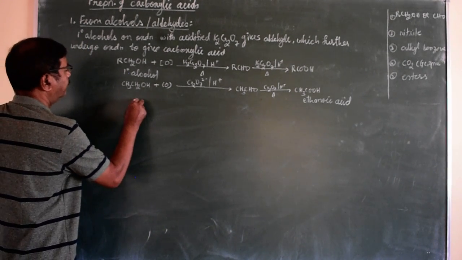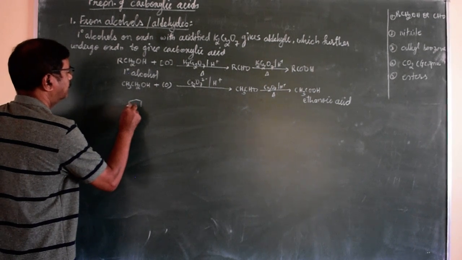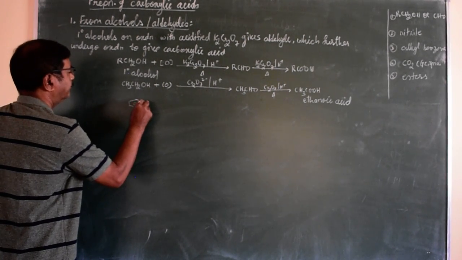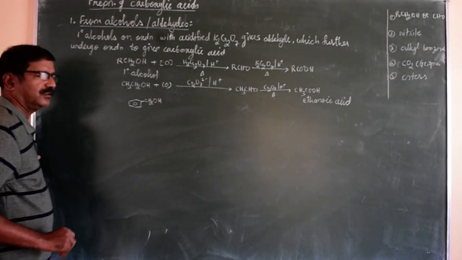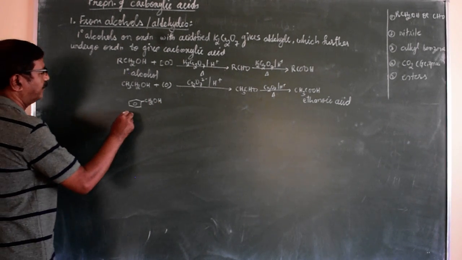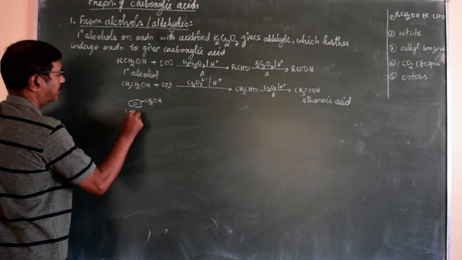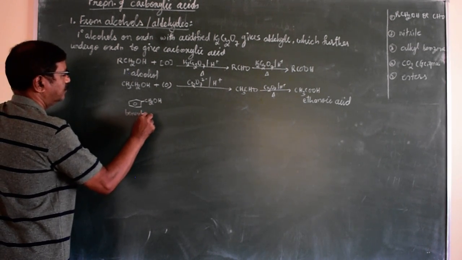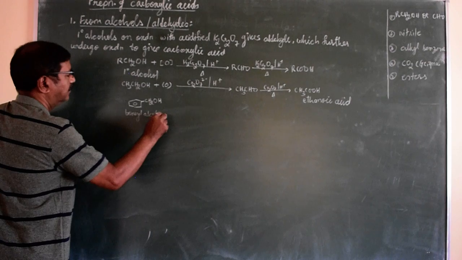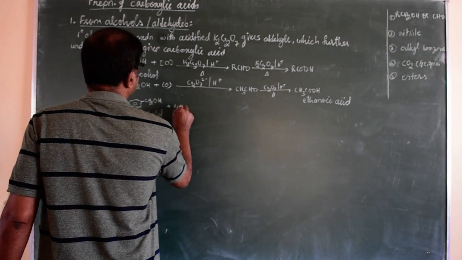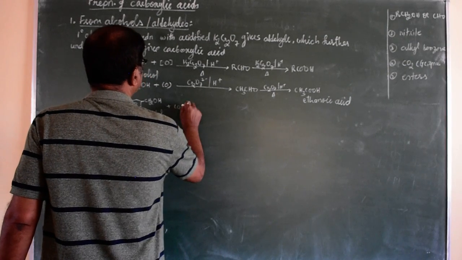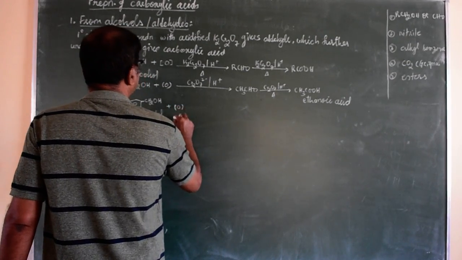Second example is an aromatic alcohol, C6H5CH2OH, and this aromatic alcohol is called benzyl alcohol. Benzyl alcohol on oxidation, usually you use a strong oxidizing agent.